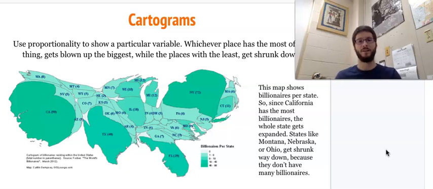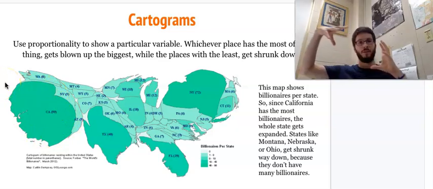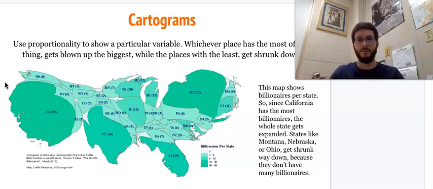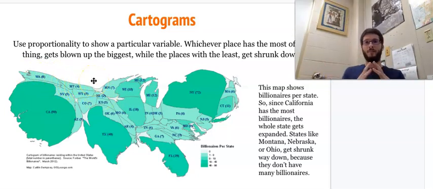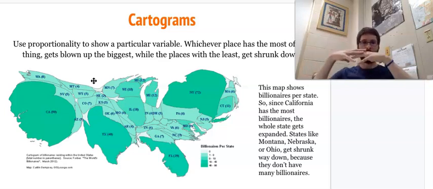So they literally take the state of California, which the shape of it is barely even recognizable here, and they blow it up like an overinflated balloon. Okay, but then you take like Washington or Montana or Nebraska or something, where there's not many, if any, billionaires, and so those states get shrunk way down. Okay, so it ends up looking really weird.